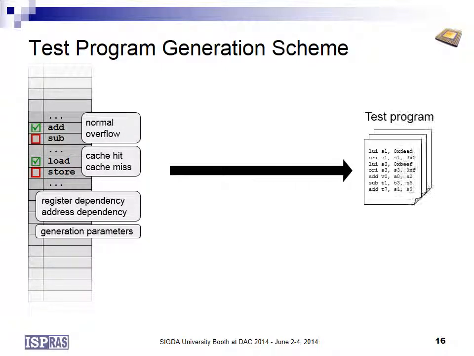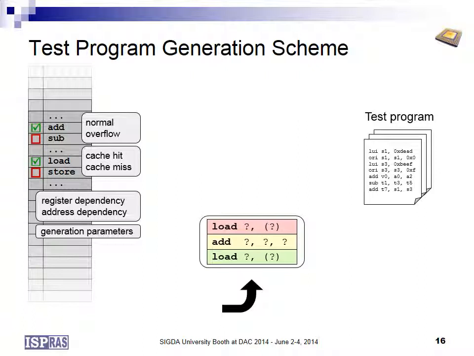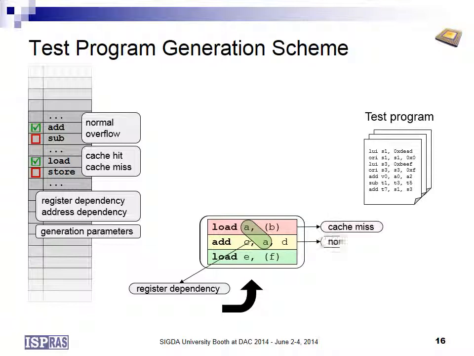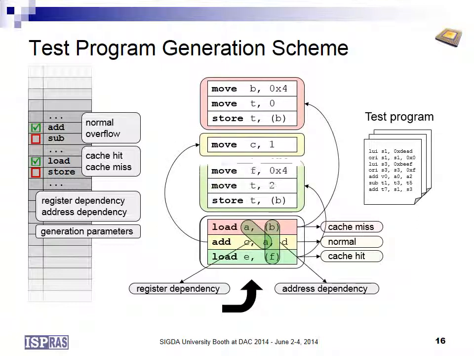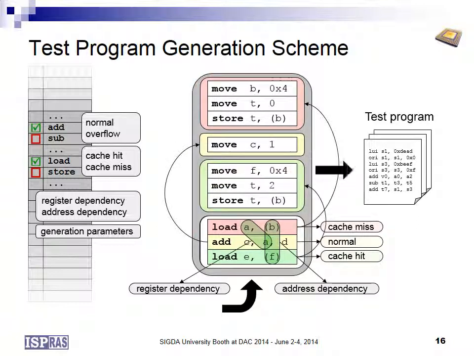To make a test program, the generation engine selects a complex test situation for a defined number of instructions and creates required dependencies. Let the operations produce the following situations, and there is an address dependency. The engine takes the templates for each situation, makes a test program, and proceeds to the next complex situation.